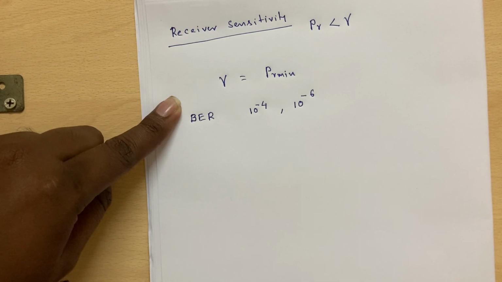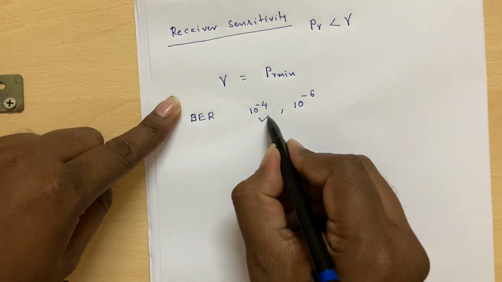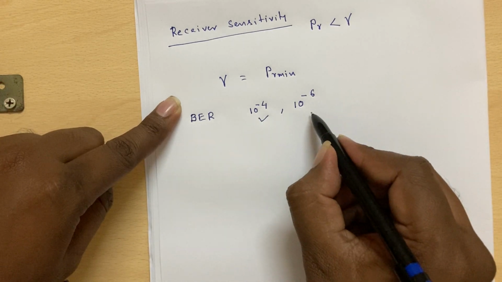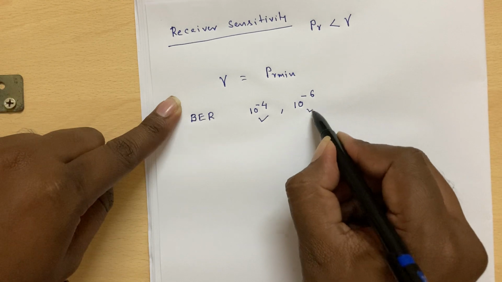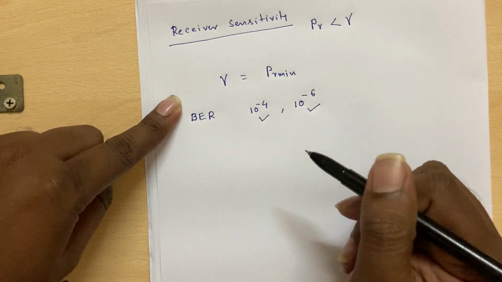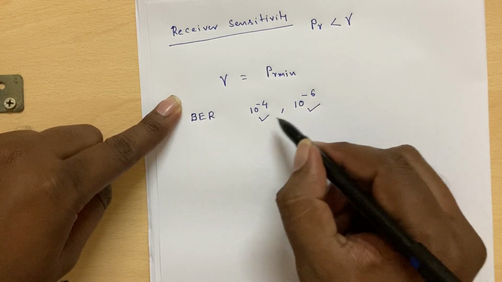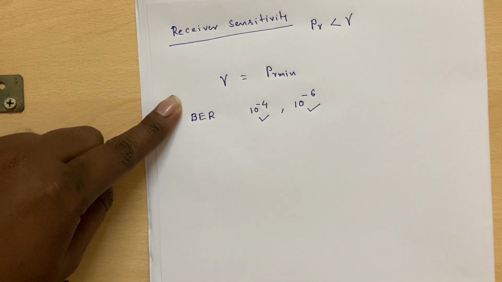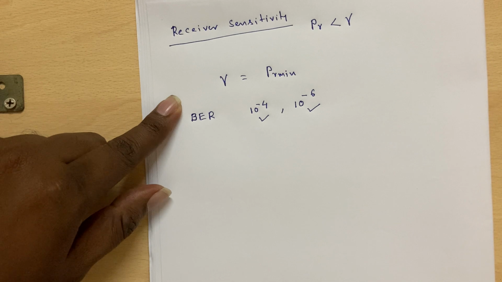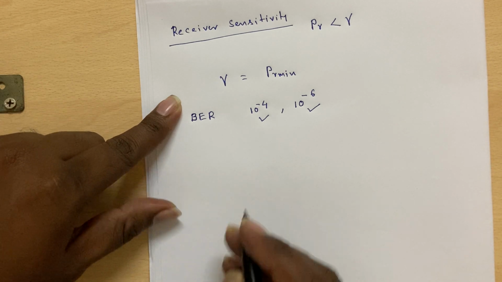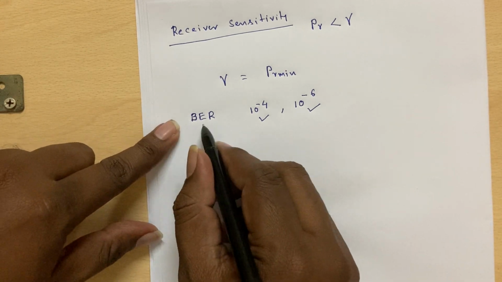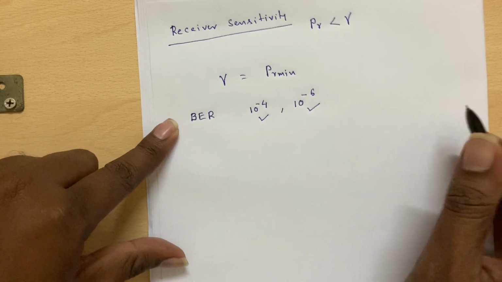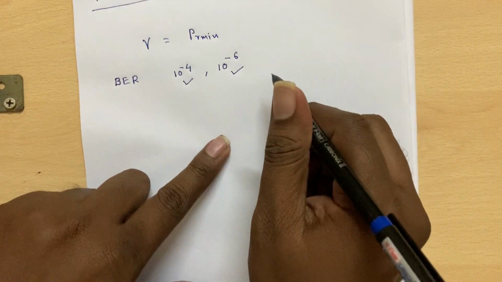If it is voice, then 10 power minus 4 is fine. If it is HD quality video, you need a much lower bit error rate. So depending on the service, the bit error rate you can tolerate will vary. So there will be a maximum tolerable bit error rate. Correspondingly, there is a relationship between EB by N naught and bit error rate.